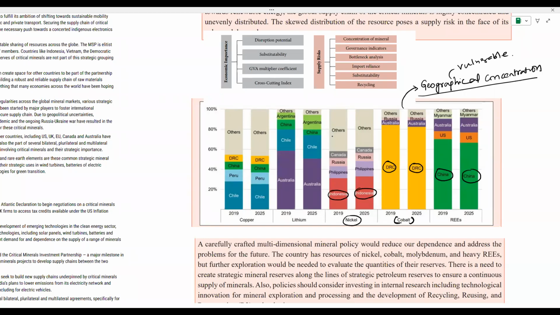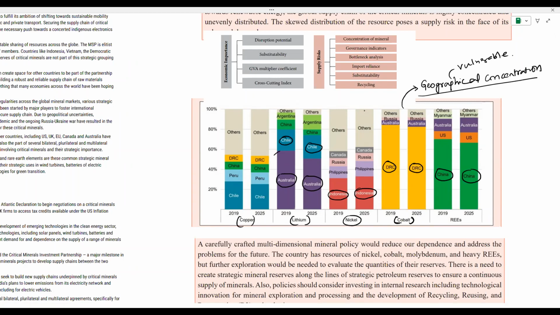Okay, see Indonesia. Then you see lithium. 60% is coming from which country? 30% is coming from which country? If you take two countries, 80% of lithium is coming from only two countries.